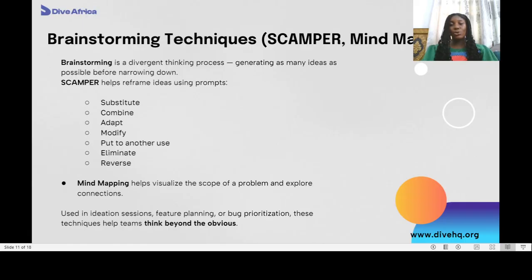SCAMPER is a set of prompts you give yourself or your team to think of alternatives to an idea. Use it when you want fresh ideas but you don't know where to start. It is a simple creative tool that you can make use of.